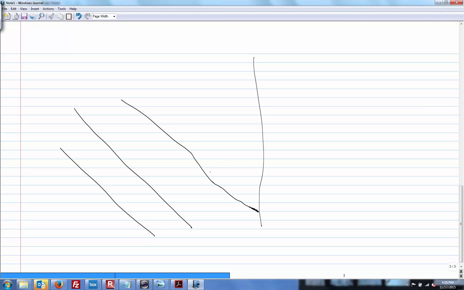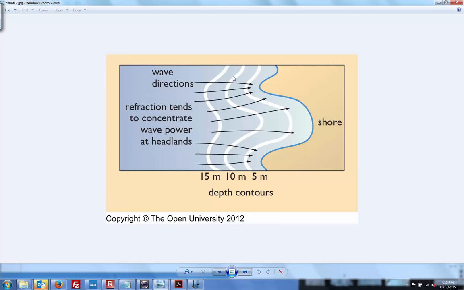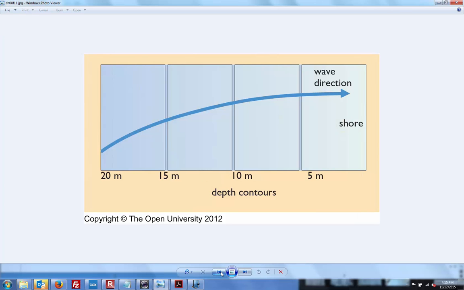And then this guy comes in behind it, and so what the authors are trying to show with this figure here is that the contours of the beach, the fact that it's getting shallower, actually bends the wave in, and that's why when you're on the beach, they tend to actually come straight into the beach, right? Just like you normally see.